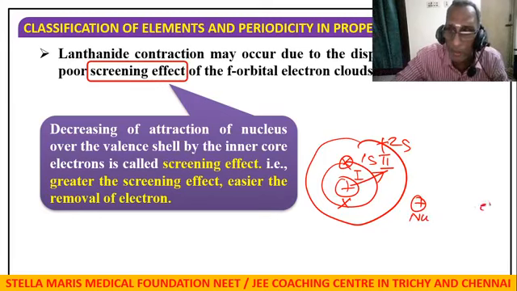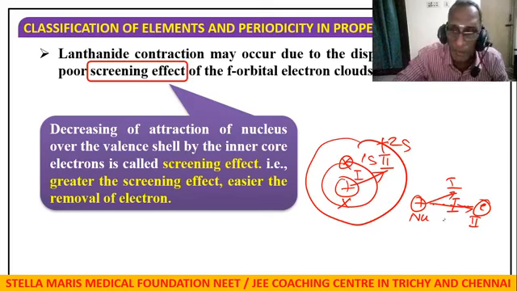Nucleus is positively charged, electrons are negatively charged, and opposite charges attract each other. So the nucleus will attract the first shell electron and the second shell electron also. But the first shell electron comes in the path of the second shell electron, so it will minimize the attraction. It will block.